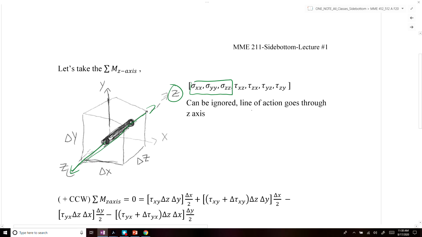We can ignore all of them because they go through the z-axis. If we take the moment about the z-axis, they wouldn't contribute to the moment, so we can ignore them.